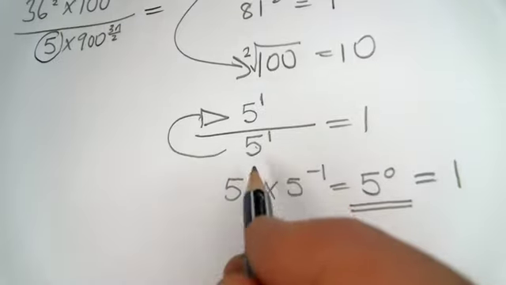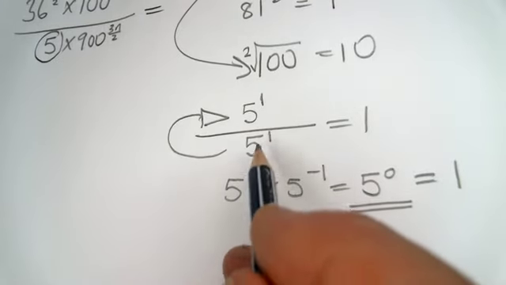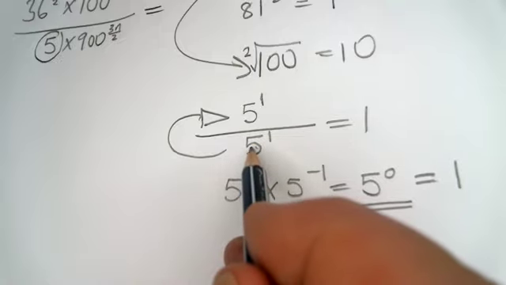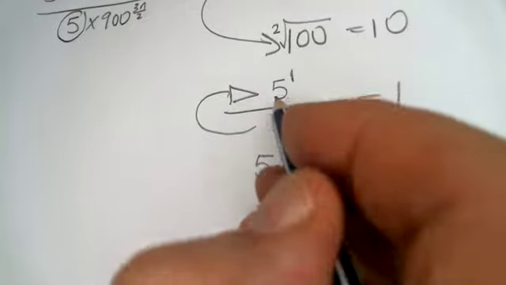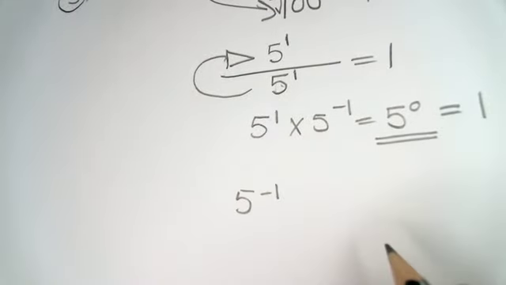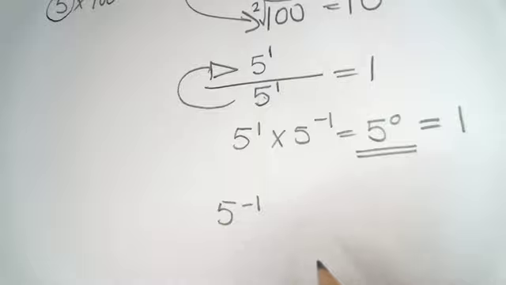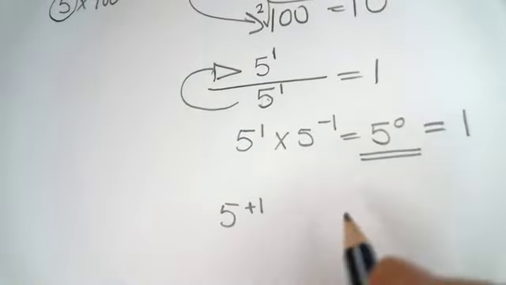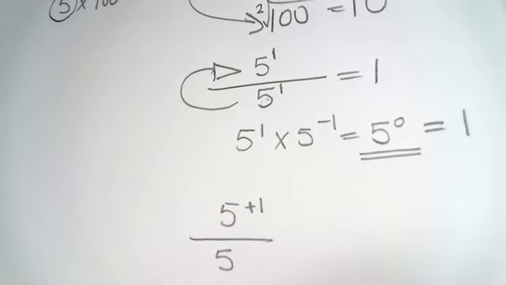So another way of thinking about this is if I am going to be dividing this, I can actually just say, well, I've got a 5 to the power of 1, and that's a positive 1 because it's a 5 on top. And let's say I've got the 5 underneath.